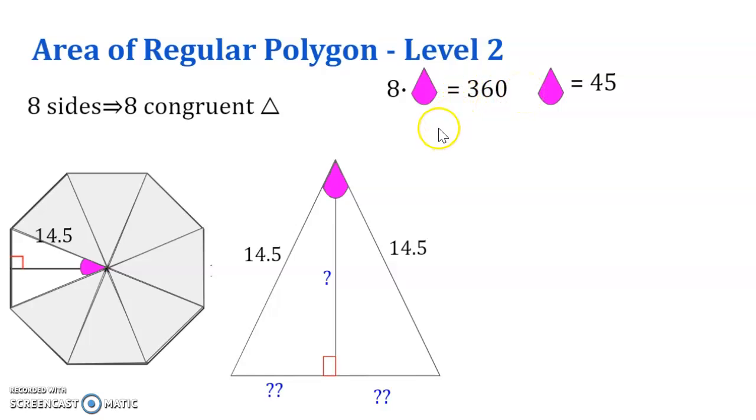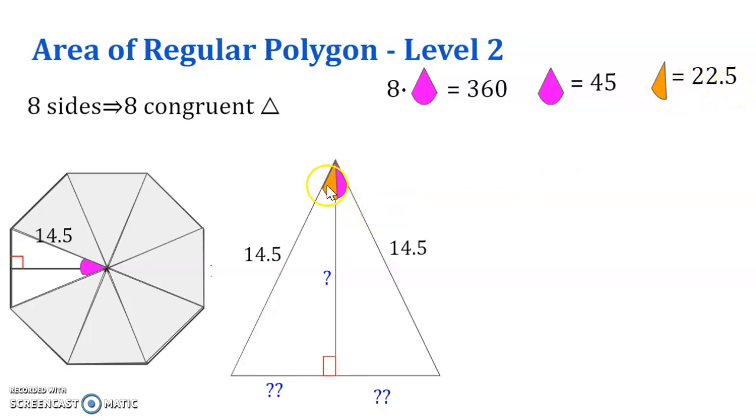Now, once I found the 45 degrees to be the central angle, this angle is 45 degrees. But I know that this is made up by the angle on the left here, and the angle on the right here is going to be exactly congruent. So it's going to be half of 45 degrees. So that angle is going to be 22.5 degrees.